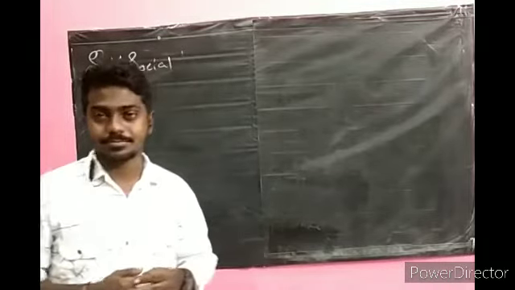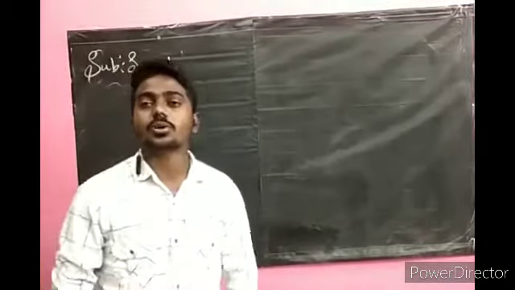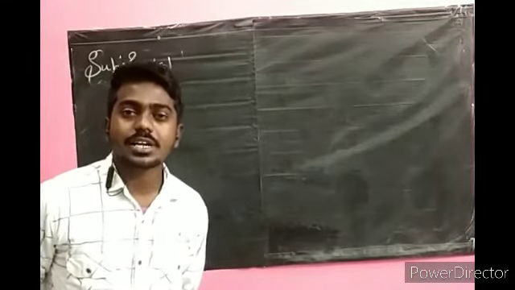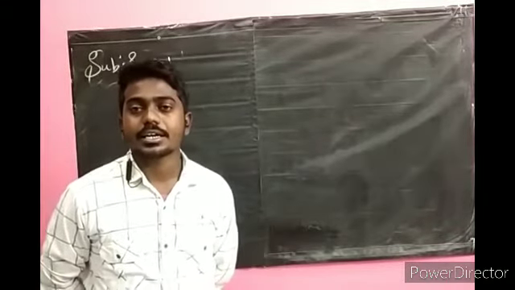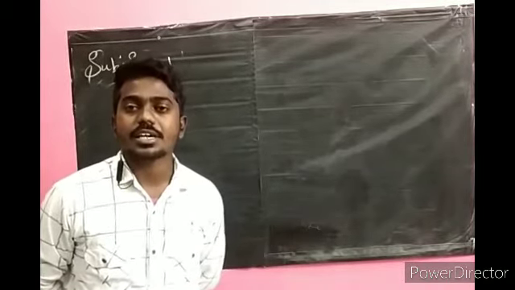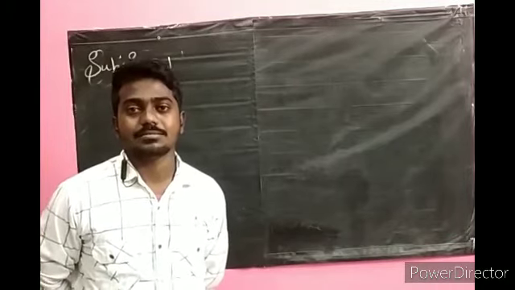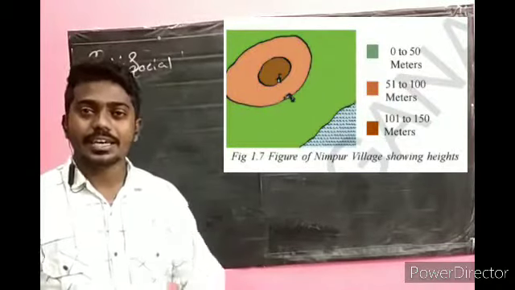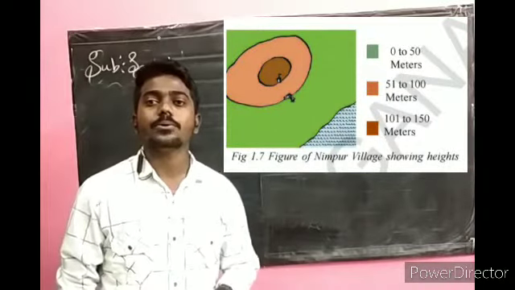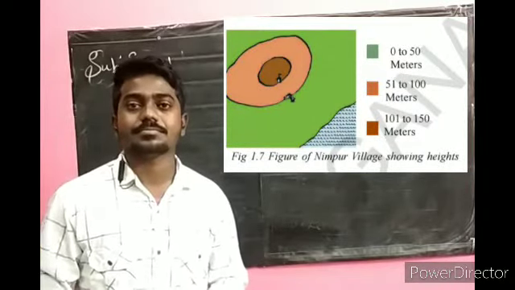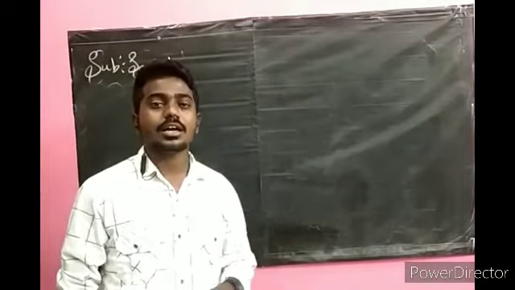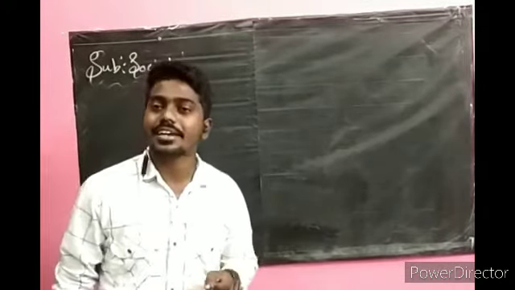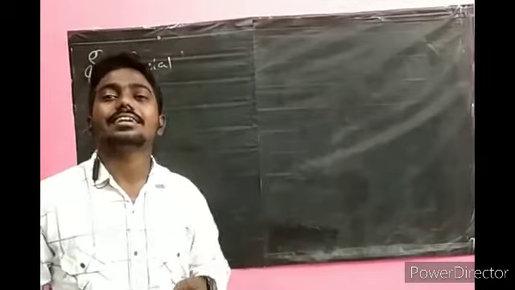Coming to the next, we discussed contour lines. Contour lines are nothing but lines joining places with equal heights. A line joining places with equal heights is called a contour line. Contour lines are not regular in shape; they are irregular in shape.